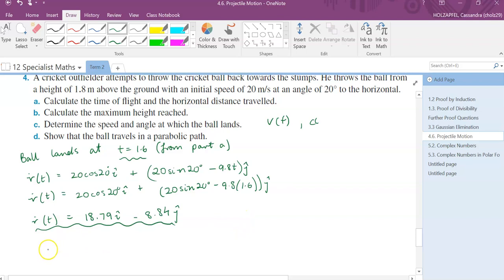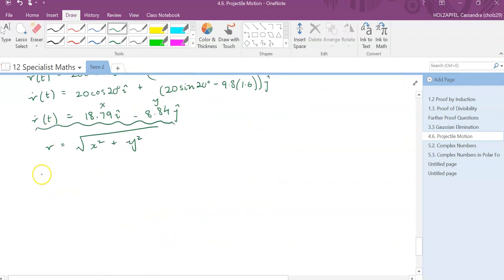So I'm going to use that formula r is equal to the square root of x squared plus y squared, because remember this is just going to be our x component and this is just going to be our y component. So if we want to find the velocity vector at that point in time, this is the formula we'll use. So we'll substitute it in there. So we're going to get r is equal to the square root of 18.79 squared plus negative 8.84 squared.